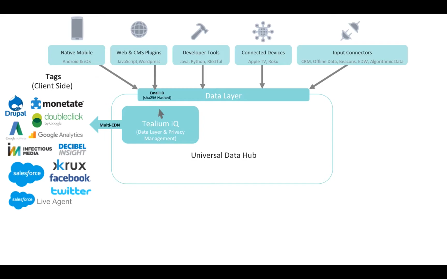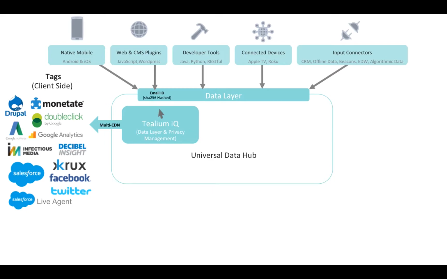So the first element of the Universal Data Hub is our tag management solution, Telium IQ, and that is fed by, of course, web and mobile, and within here you create a unified normalized view, a data dictionary of all of the variables you want to pass as client-side tags to Monotate, DoubleClick, Drupal, Salesforce, and so forth.